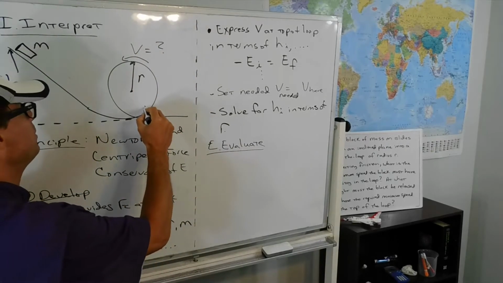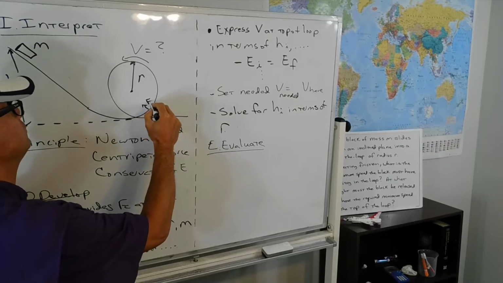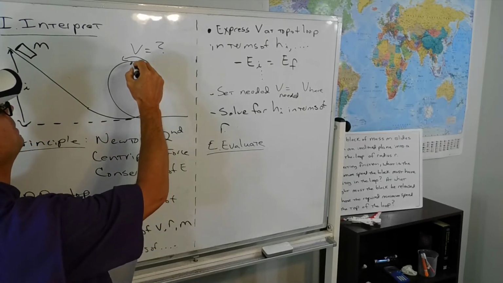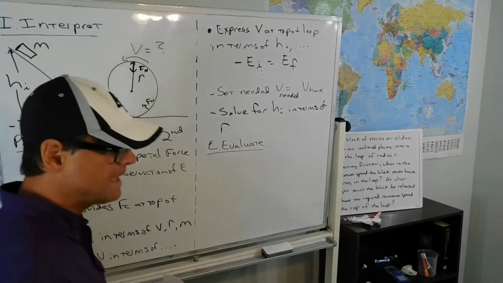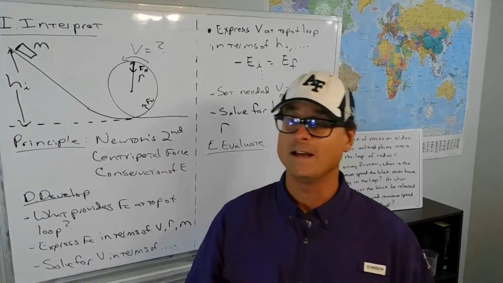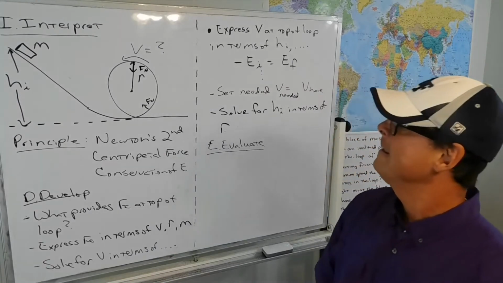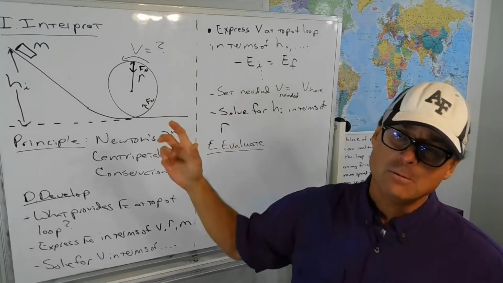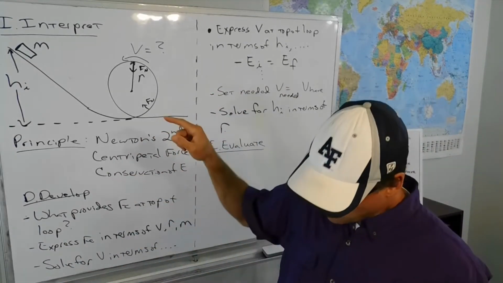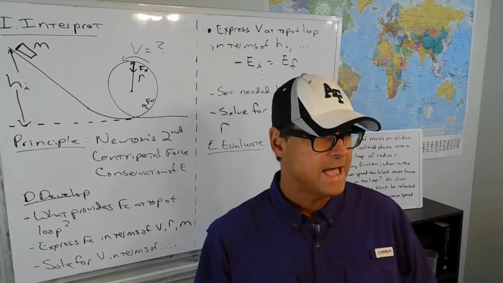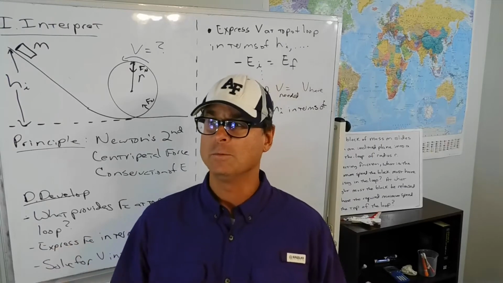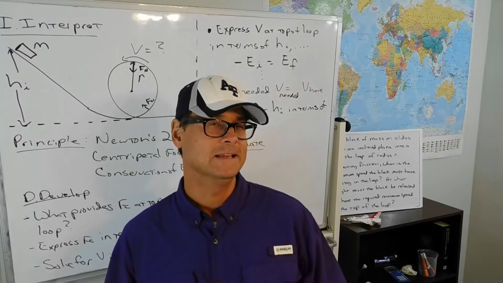So at this point here, the normal force is acting in this direction, and at this point here, the normal force would be acting downward. The normal force is always acting perpendicular to the surface. But at the very top, if your normal force isn't 0, then you have more centripetal force than is really needed.